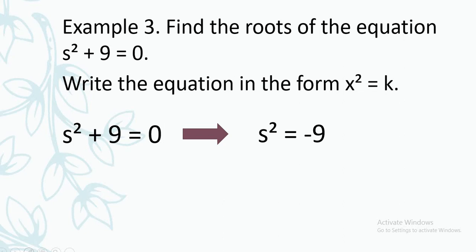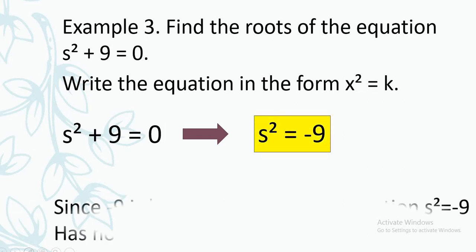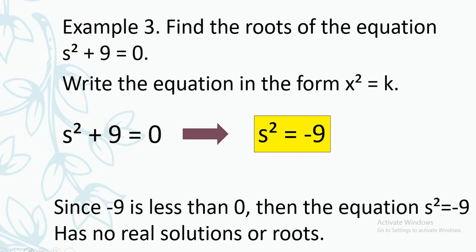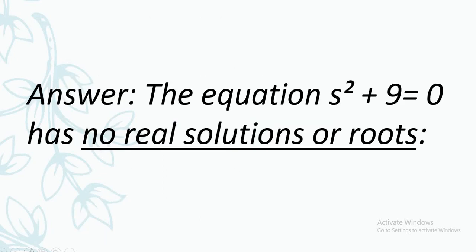We have no solution. So you can just put, since negative 9 is less than 0, then the equation s squared is equal to negative 9 has no real solution or root. So the answer, the equation s squared plus 9 is equal to 0 has no real solutions or roots.